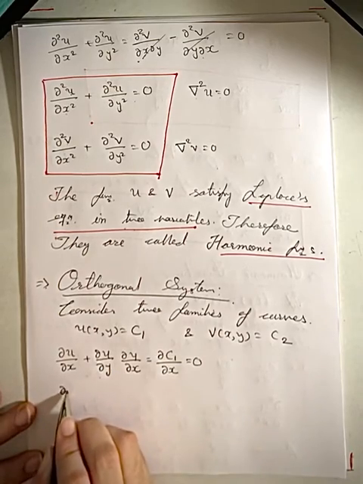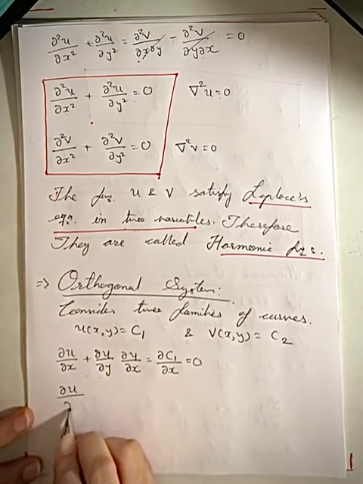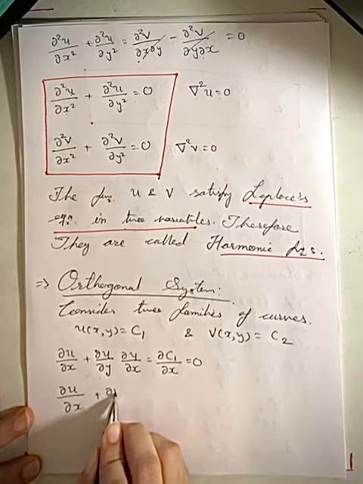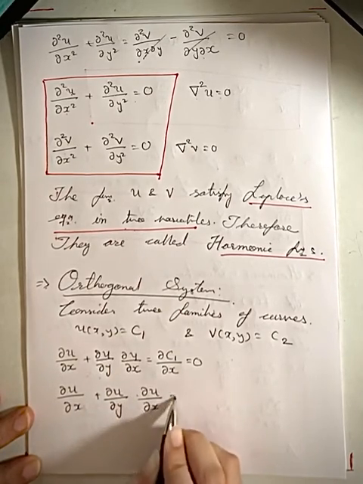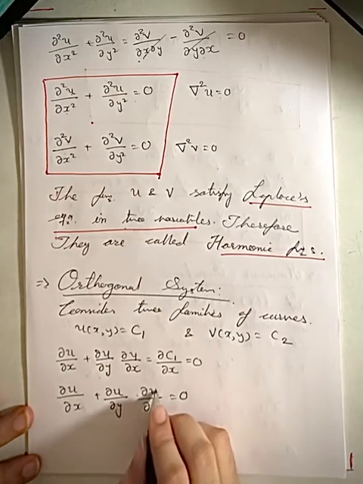So we have del u by del x plus del u by del y into del y by del x equals 0.